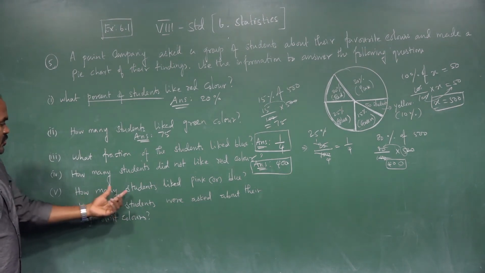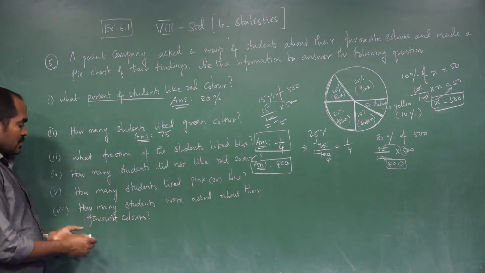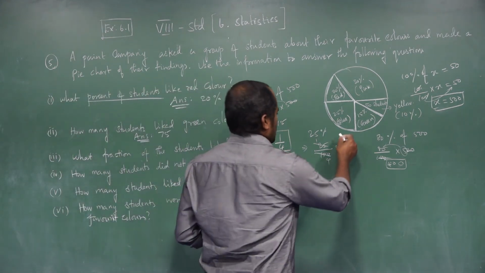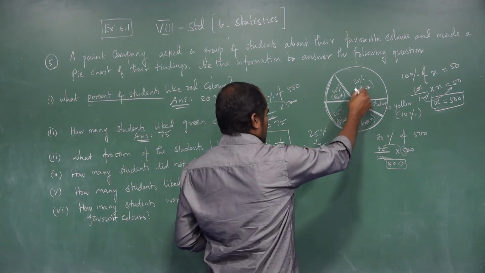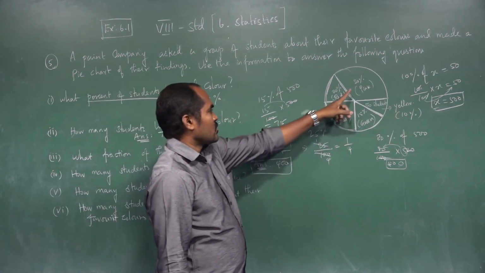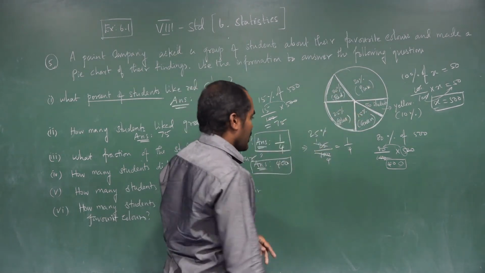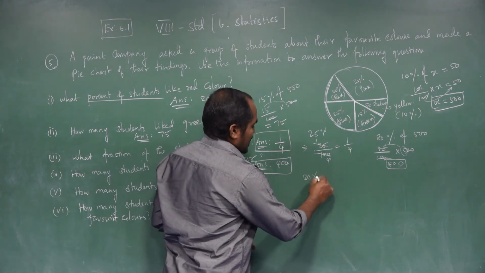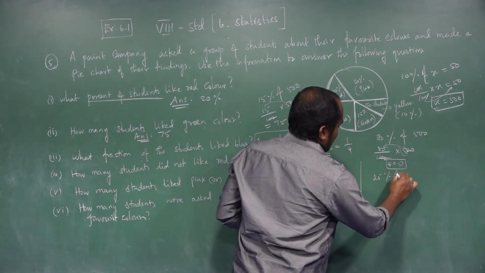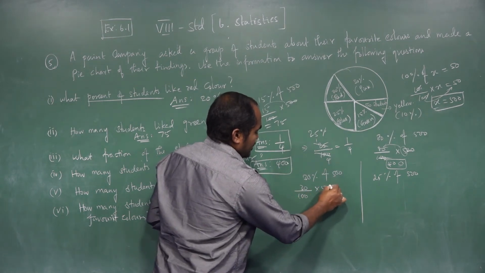Next, how many students liked pink or blue? Here also we want to find the number of students. The percentage of students who like pink is 30, and the percentage who like blue is 25, right? So we want to find 30% of 500 and 25% of 500. 30 by 100 into 500.